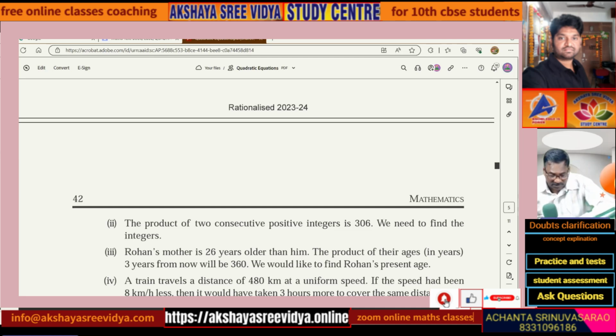Therefore, x square plus 32x plus 87 minus 360 is equal to 0, that is x square plus 32x minus 273 is equal to 0. This is the required representation of the above problem mathematically.